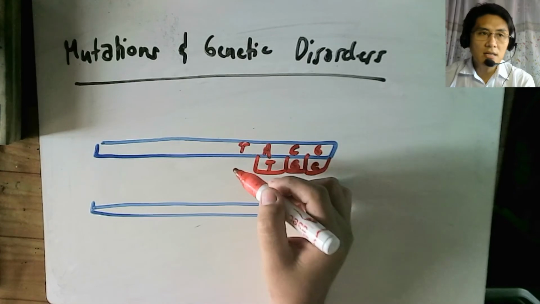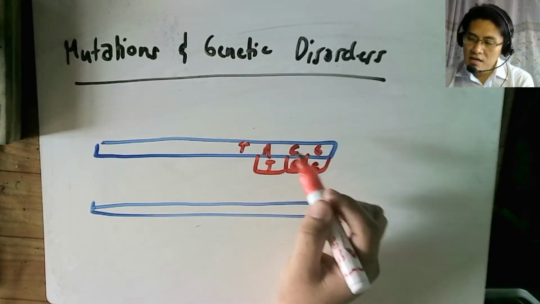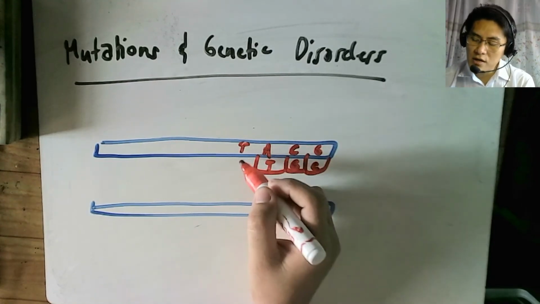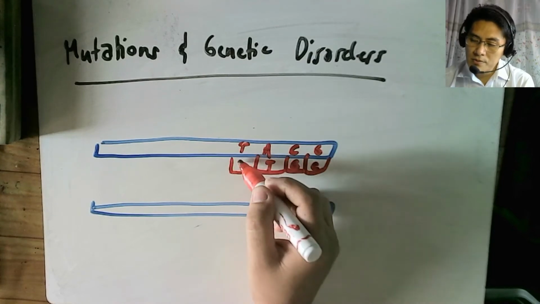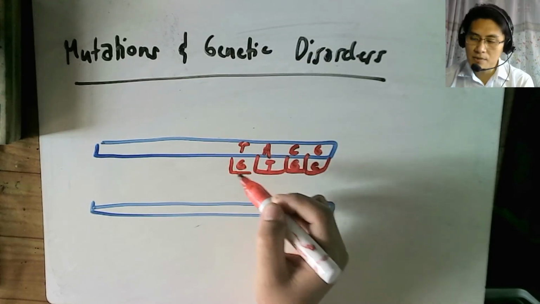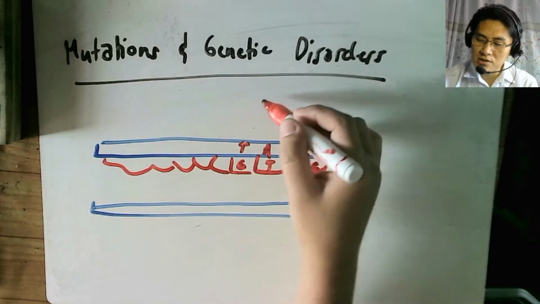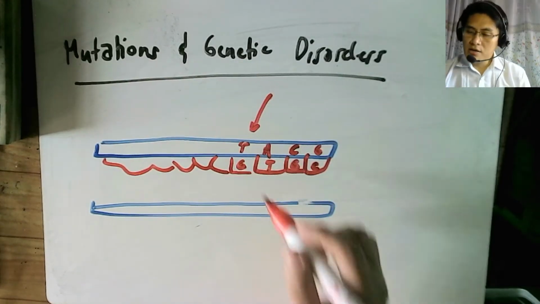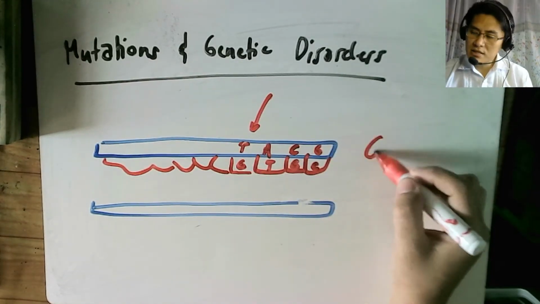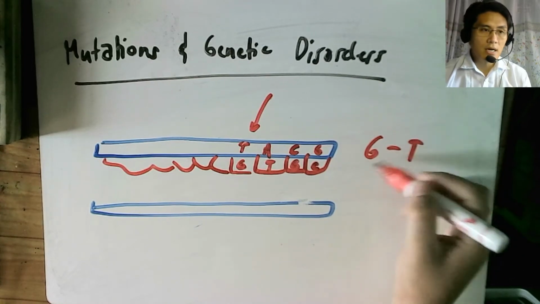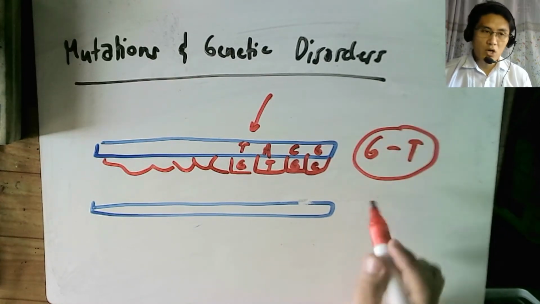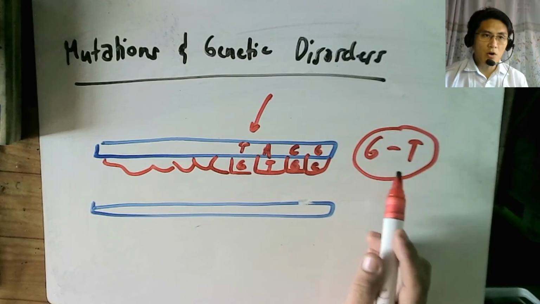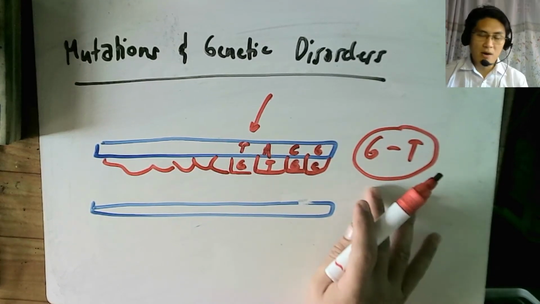But sometimes, again, the machinery makes mistakes. So instead of a T there, you put a G, for example, and the rest has no mistake. There's only one mistake here. You might say, "I thought, sir, you discussed that G and T will not bond because they don't have the number of bonds and they don't have the right pairing."